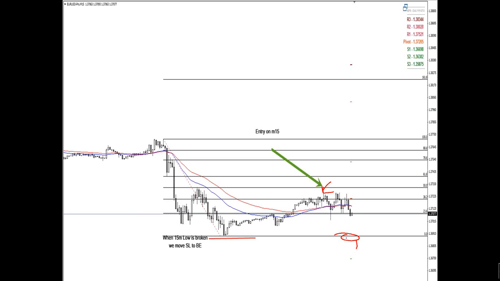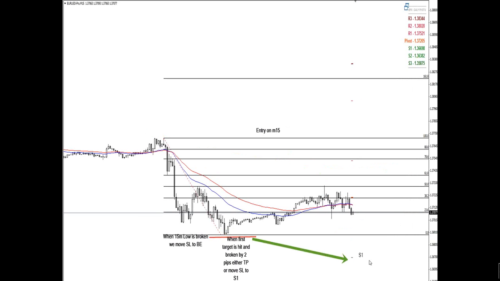But if you don't want to take 20 pips, if you want to make it, because the trend is strong, if you want to make it intraday position, then only when low is broken, previous low is broken, only then you move your stop loss to break even and hope that the price will reach this level. Once the price reaches this level and breaks it for 2 points, you either close your trade, but it doesn't do any wrong if you basically just move your stop loss to S1.